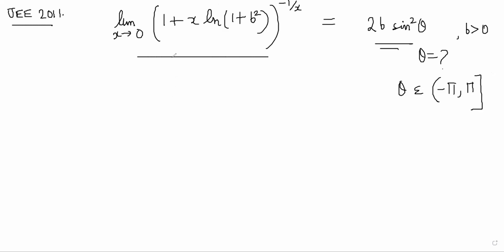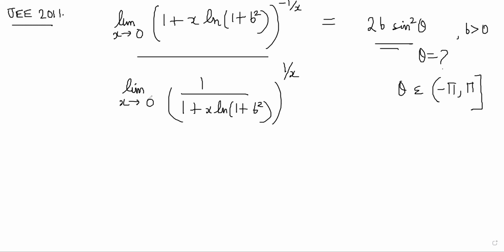So here minus 1 by x is the power, and x tends to 0 is also there, right? So this can be written as 1 by (1 plus x ln(1 plus b square)) to the power 1 by x, right?